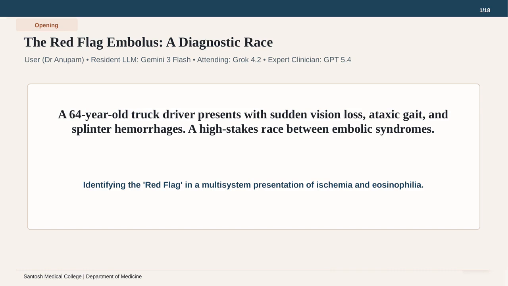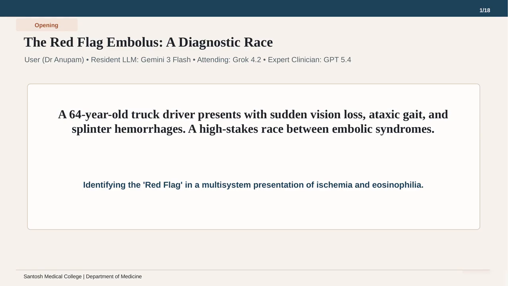We will be doing a clinical reasoning simulation session titled The Red Flag Embolus today. As you can see on the screen, we are exploring a high stakes diagnostic race. We will follow the case of a 64-year-old truck driver who presents with sudden vision loss, an ataxic gait, and splinter hemorrhages.